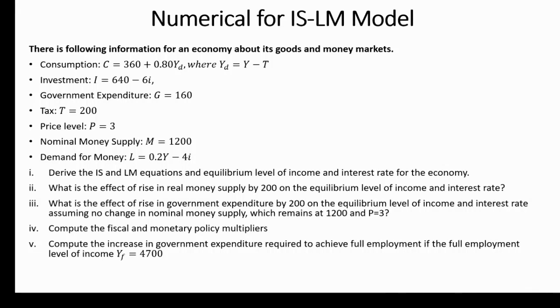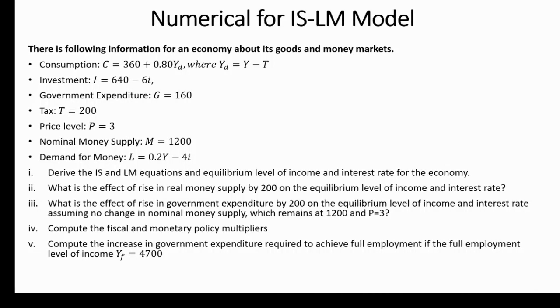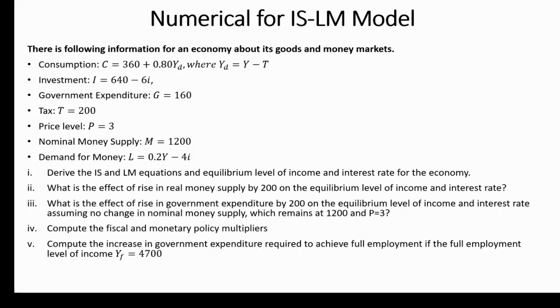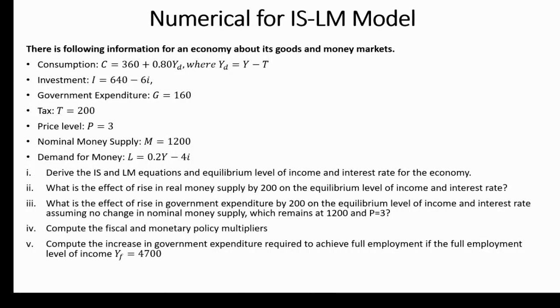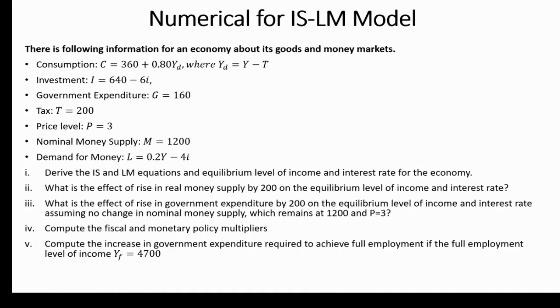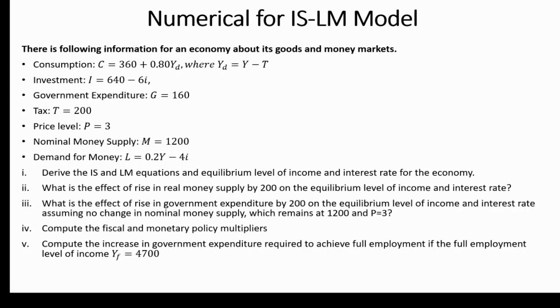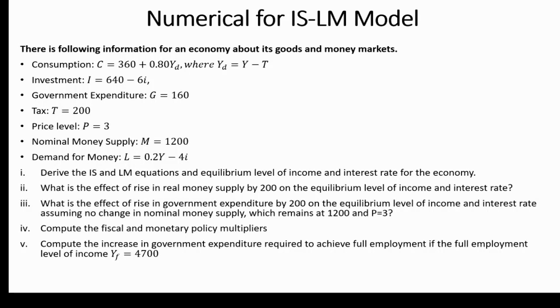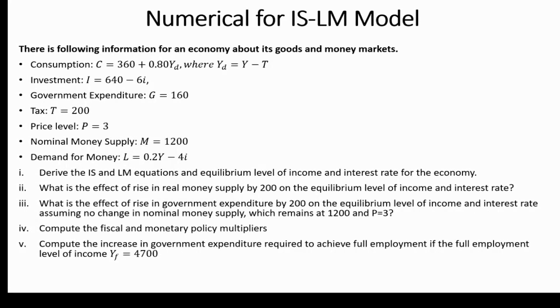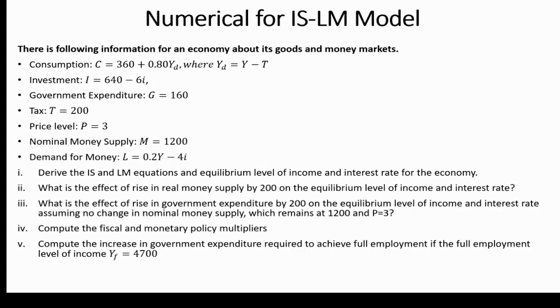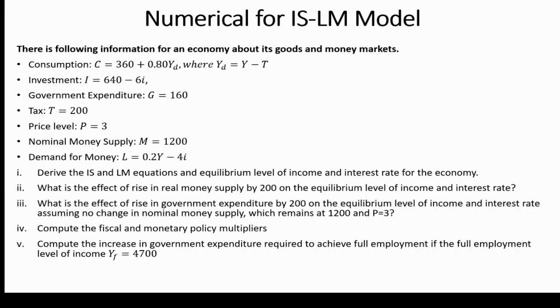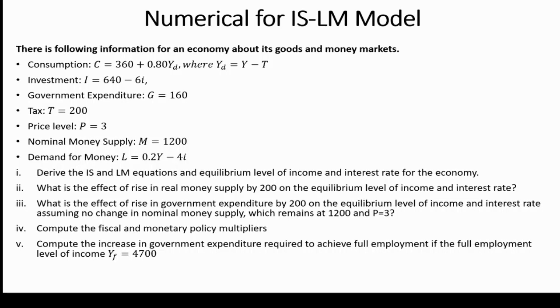Question 1: derive the IS and LM equations and also the equilibrium level of income and interest rate for the economy. The second question: what is the effect of a rise in real money supply by 200 on the equilibrium level of income and interest rate?